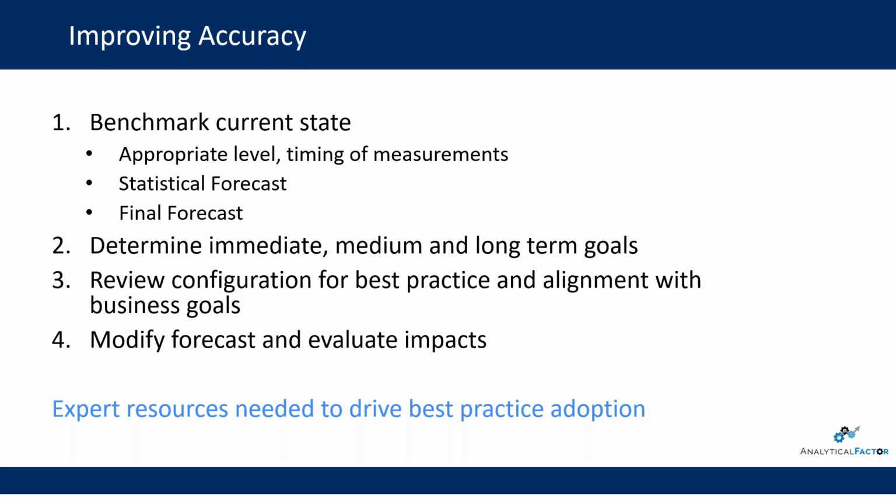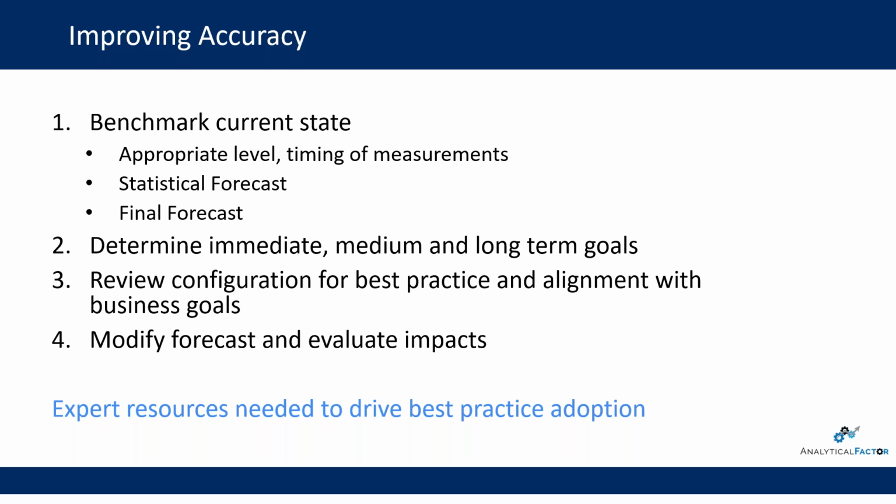And then for the products that are critical to the business and the products where accuracy is poor, that's when a planner steps in, applies their intelligence, and really undertakes the highest value added tasks they can. So measuring statistical and final forecast is critical to streamlining that process.